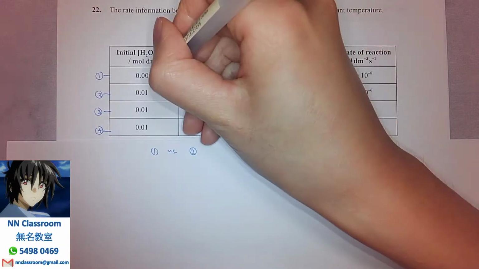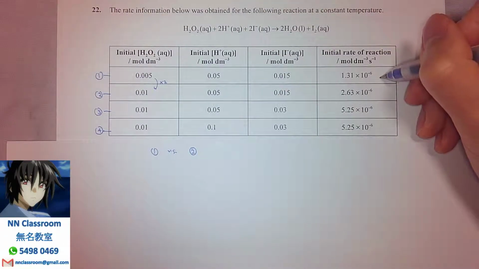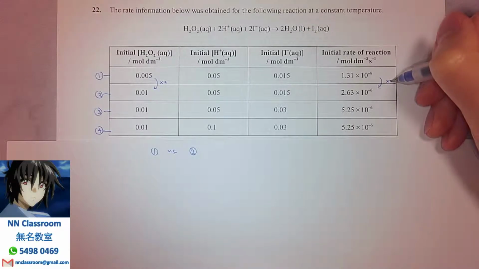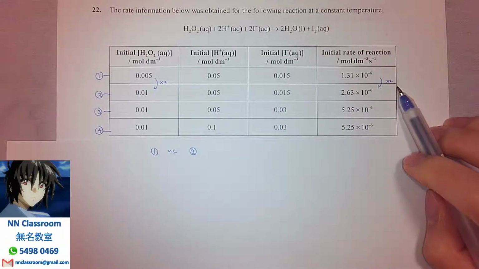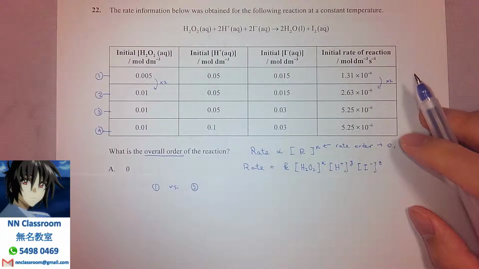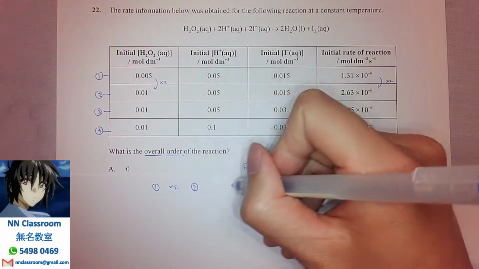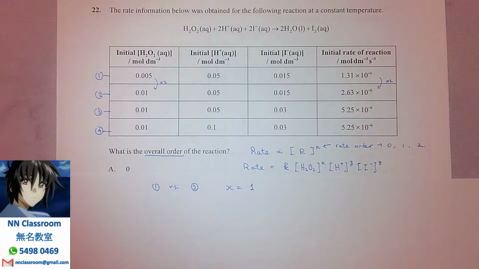We see that the concentration of H2O2 is doubled, and this brings the rate to also double. So you double, I double; this is the concept of first order. As we labeled the order with respect to H2O2 as x, in this case x equals 1, right?